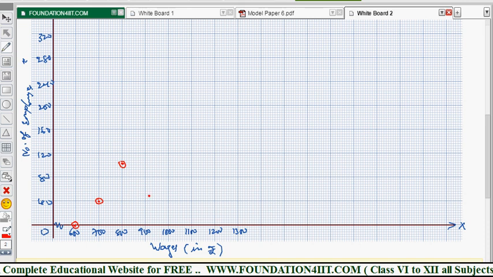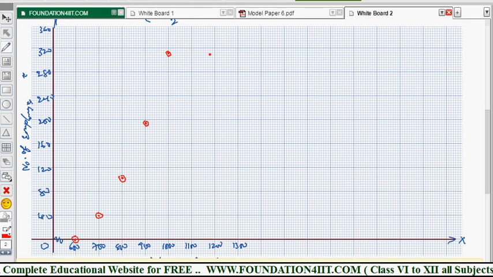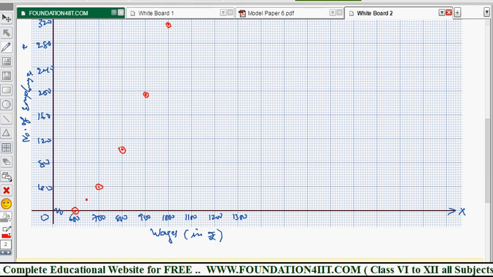And for 900 it is 194. 1000 is 314. 1100 is 404. So I'm extending this. Similarly, 1200 and 1300 also you can extend. Just join all of these. In any graph you should join the points.